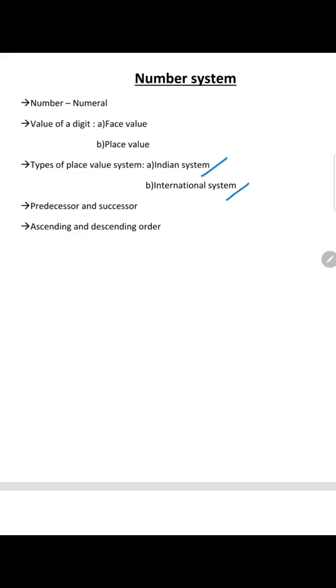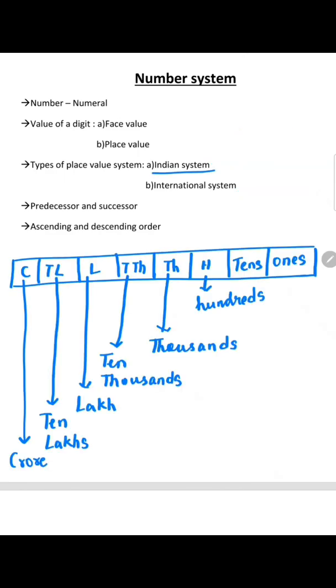Indian system of place value is also known as Hindu-Arabic system. The other name for Indian system is Hindu-Arabic system.